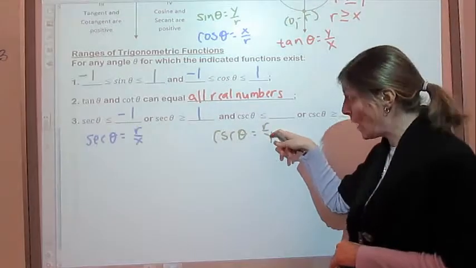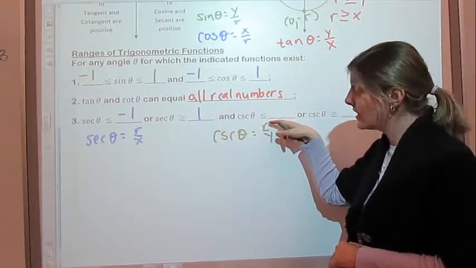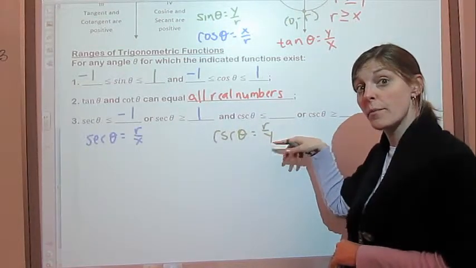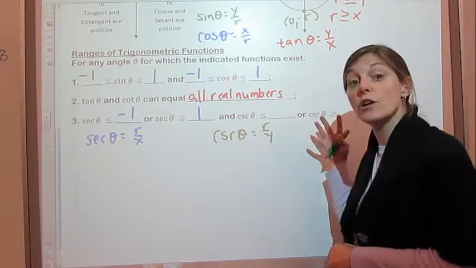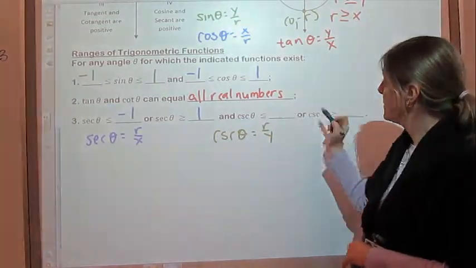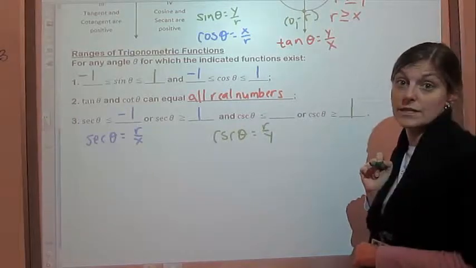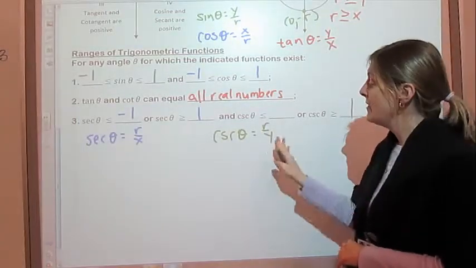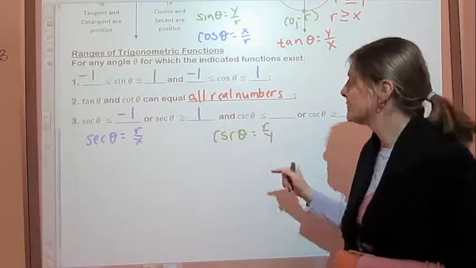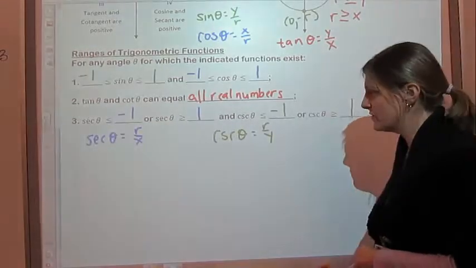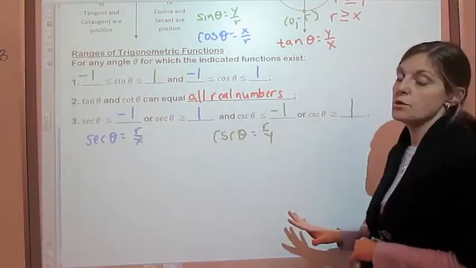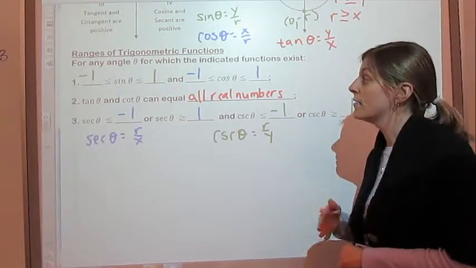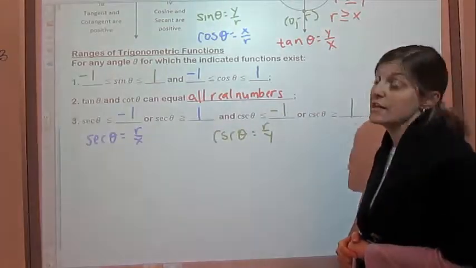So as your y value gets smaller, then you have a larger number on the top and a smaller number on the bottom. So your numbers are going to be larger than 1. So cosecant is greater than or equal to +1 or less than or equal to -1. And then the smallest it can be is -r. So that gives you a -1.